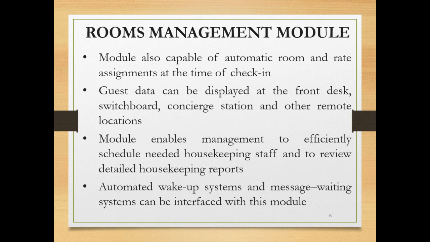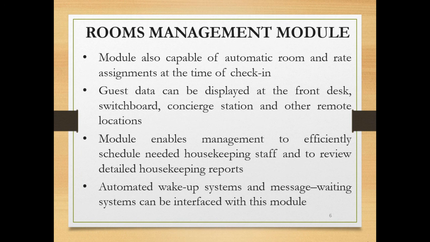And similarly with the concierge station, some hotels do have a concierge, and the concierge also needs to check guest data in order to make bookings for restaurants and whatnot. And other remote locations such as the F&B, the restaurant, the recreation center, they can also just key in the room number and the guest data will be displayed.